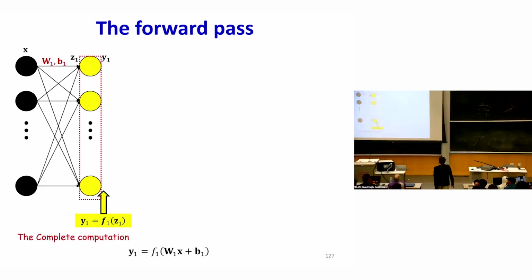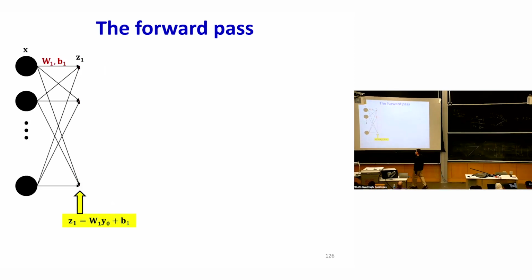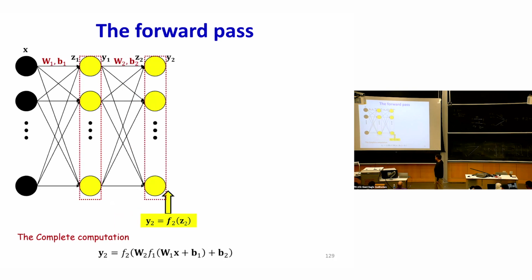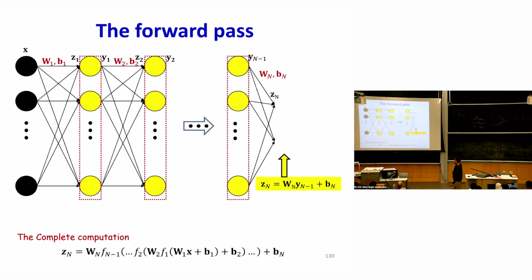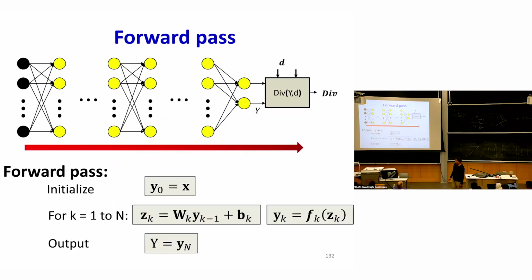Then y1 is simply f1 of z1, right? And then z2 is just w2 times y1 plus b2. And then y2 is just f2 of z2. And so this is easy, right? I can go all the way to the end. I can get the final z and the final y. Trivial. And so when I write the forward pass in this manner, this is so much cleaner.